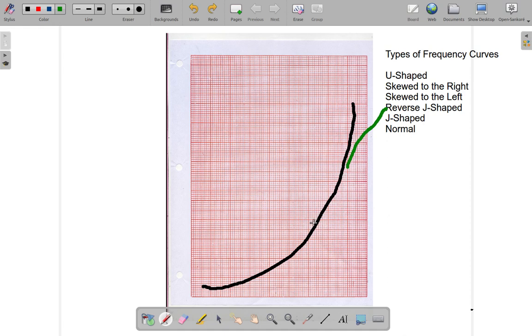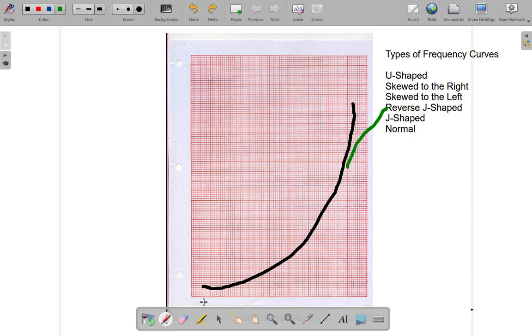This could be a population growth. Could represent population growth, whether it's human population, bacteria, or whatever it is. You have an increasing number as time goes by.